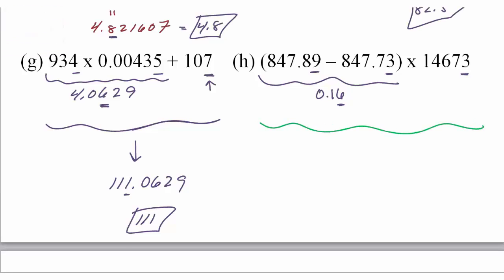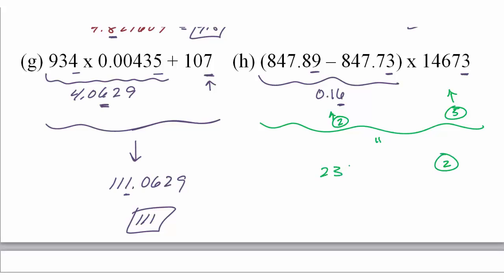The whole thing. Here I only have 2 sig figs. Here I have 1, 2, 3, 5 sig figs. So I better report my answer to only 2 sig figs. So I got 234.768. Report my answer to only 2 sig figs would be right here. So I have to write my answer in scientific notation to make this work. 2.3 times 10 to the 3.